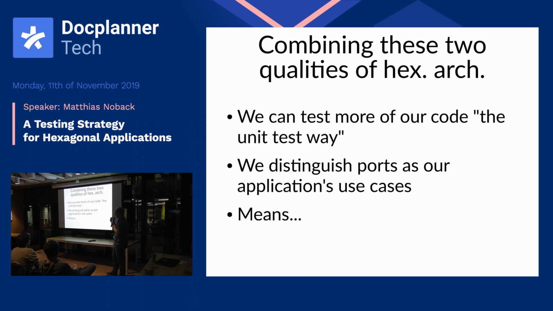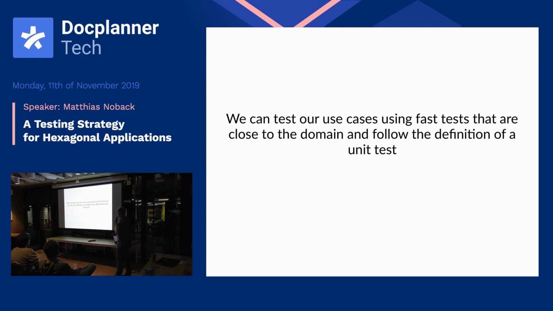So combining these two qualities, where we have a separation between the use cases and their implementation, as well as a strict separation between domain code and infrastructure code, we now get a very nice thing. We can test our use cases, or most of our use cases, using these very fast tests, which are much closer to unit tests than to any other kind of test.